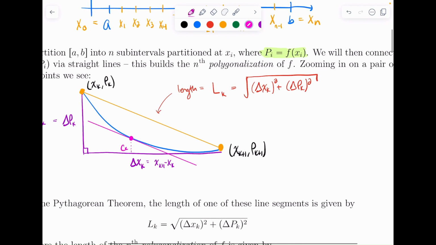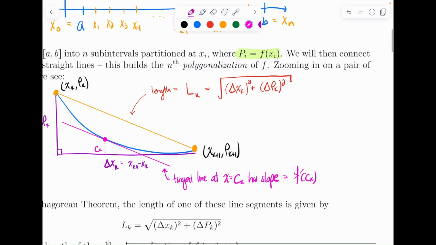So the observation I want to make right here is that the tangent line at x equal to ck has the slope of what? According to calculus, it should be the derivative at ck. But by construction, the slope of that pink line is the same as the slope of this orange line.